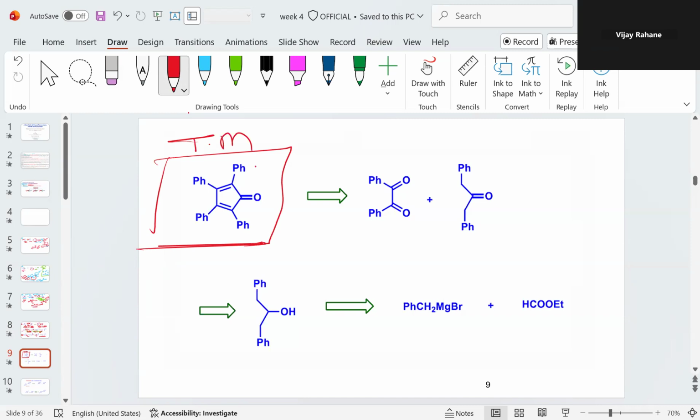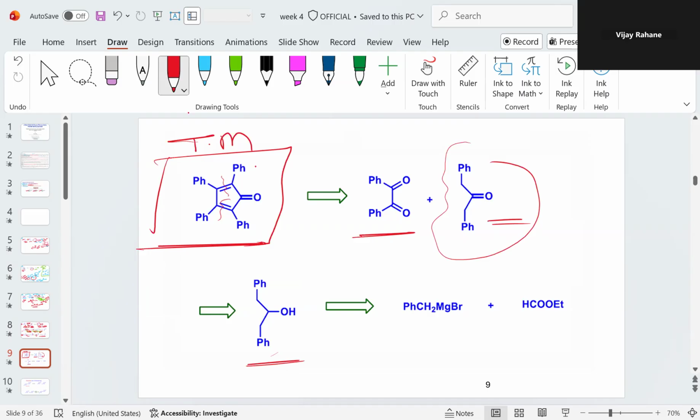This is a too complicated starting material, but if you break it down into simpler ones, this is the first disconnection we can do. This is one starting material, this is the second starting material. Further, this ketone can be achieved from this alcohol.